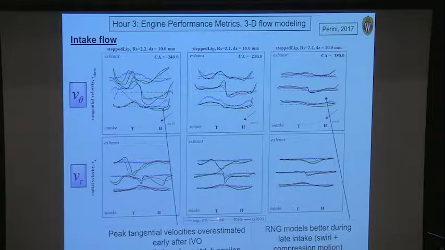The standard K-epsilon model is in red, all right? And these are profiles measured at 3 cross-sectional stations, which correspond to different times during the process here, from 240 crank angle to 10 to 180. And the green is the standard RNG model, and the other one, the black, is the GRNG, the generalized RNG.